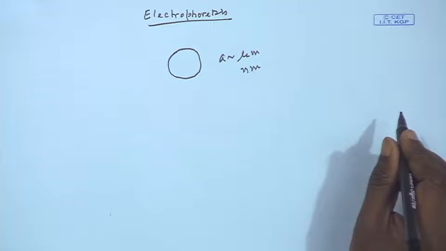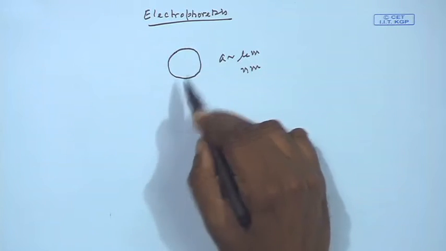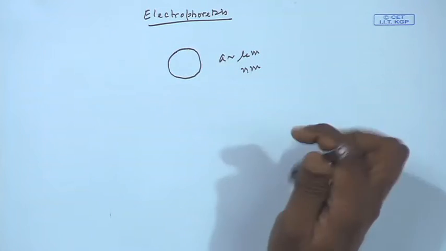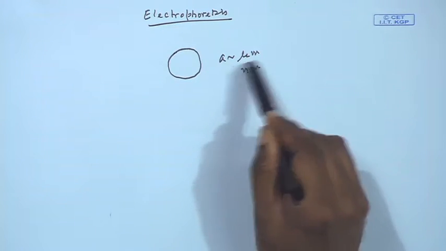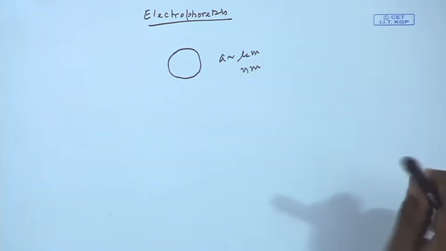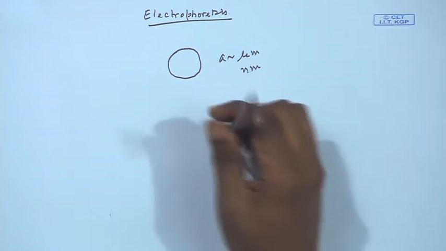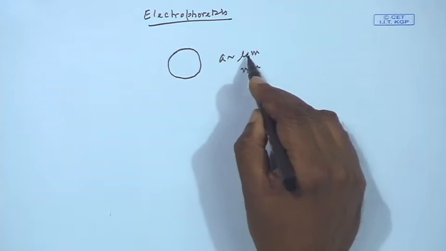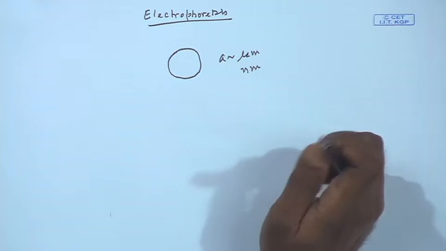The form of the surface is not going to make much difference because of the small size of the particle. So, we can treat it as spherical, for the sake of convenience of our theoretical analysis.